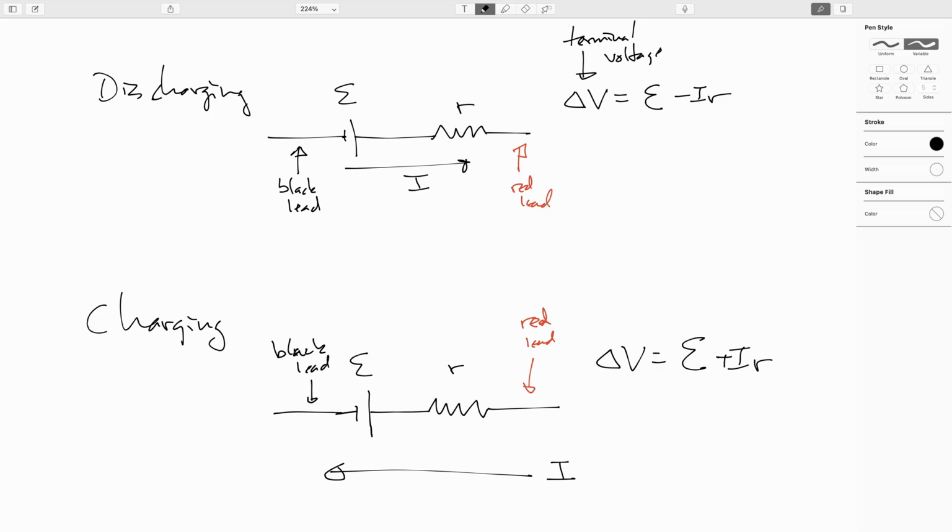And when you charge the battery, by running the current backwards, you are taking those products, running the reverse chemical reaction, and creating reactant again. So in that sense, you're charging the battery because you have created more chemical.